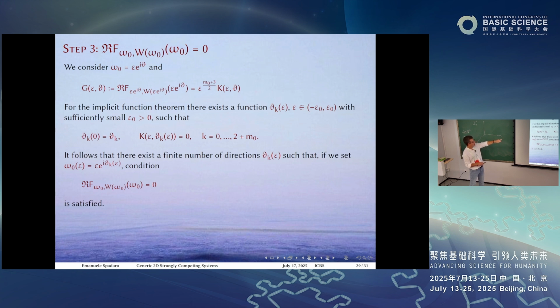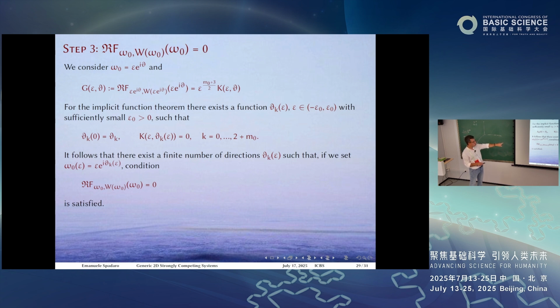You find that the derivative in theta is different from 0. And actually you have k possible branches, with k from 0 to 2 plus m0, which parameterize this equation g equal to 0, which are exactly the finite numbers of directions I was explaining with the explicit example of a point of multiplicity 5. So there are only finitely many directions theta where we can move our point to have a new zero be an Hopf differential.